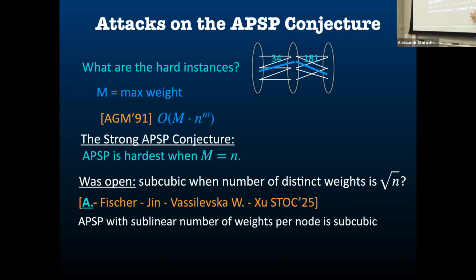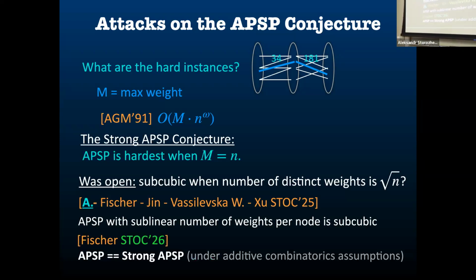This is something we solved recently with the ex-postdoc Nick Fischer and the group from MIT. We showed that if you have a sublinear number of distinct weights, the problem becomes subcubic. Then later, Nick Fischer built on this to actually prove the strong APSP conjecture. This is a breakthrough paper I'm super happy with.